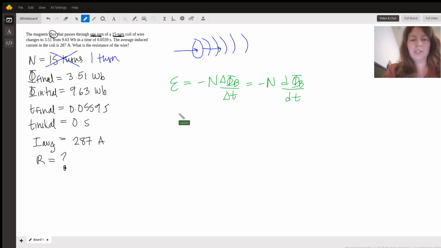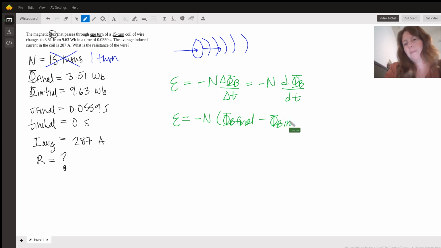But this one works just fine without the calculus. So we're going to rewrite this as the deltas become finals minus initial. So flux final minus flux initial divided by T final minus T initial.